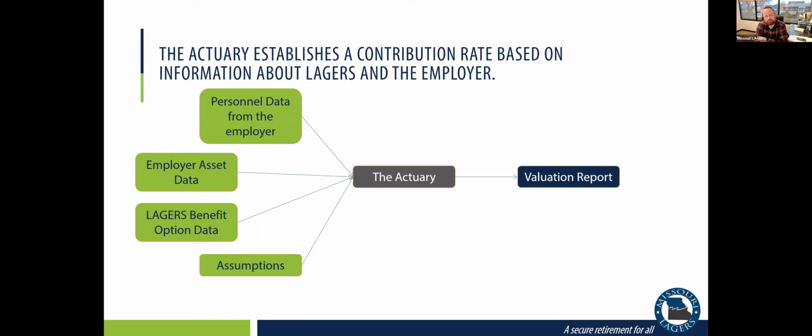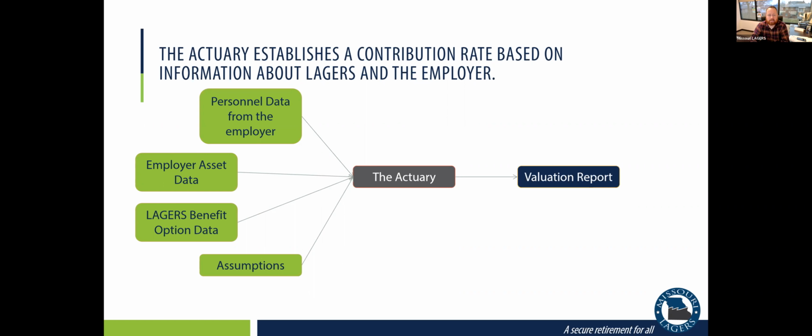Okay, so the actuary establishes a contribution rate for you based on information from LOGERS as far as the fund itself and the employer. So these are kind of all the data points that are being utilized when calculating an annual valuation by LOGERS' actuary. Okay, so the personnel data from the employer.